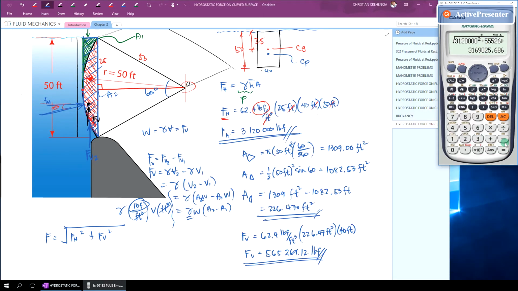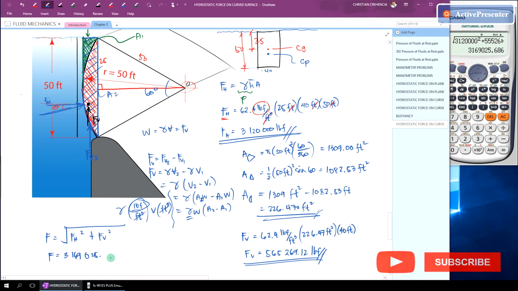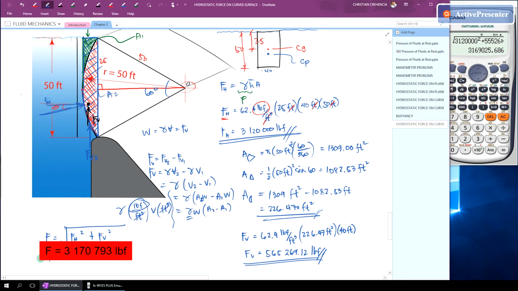Okay. So the total hydrostatic force F is 3,169,025.686 pound force. Okay. So that is the hydrostatic force acting on the gate.